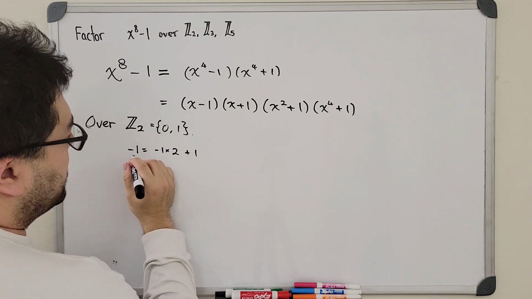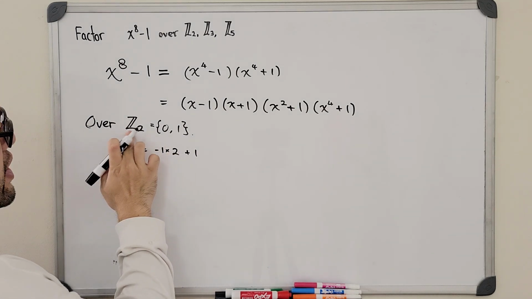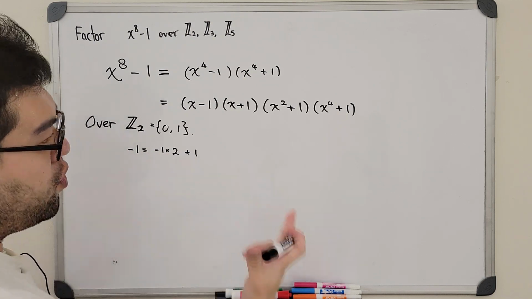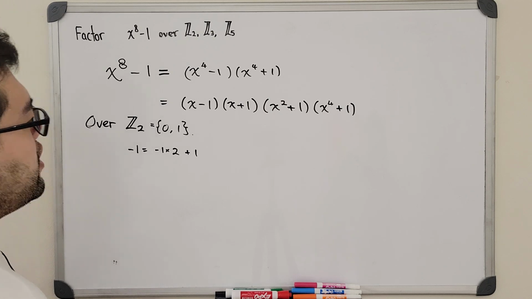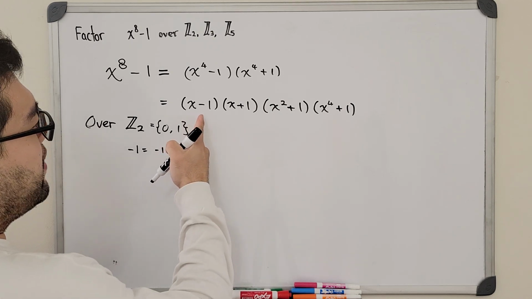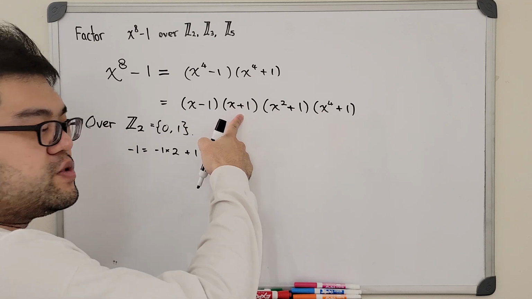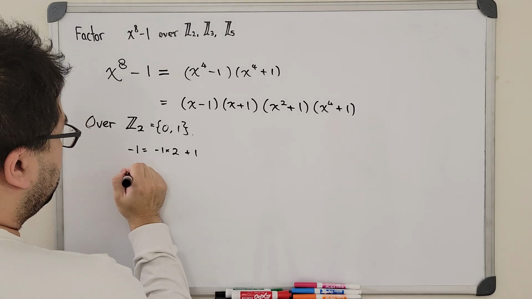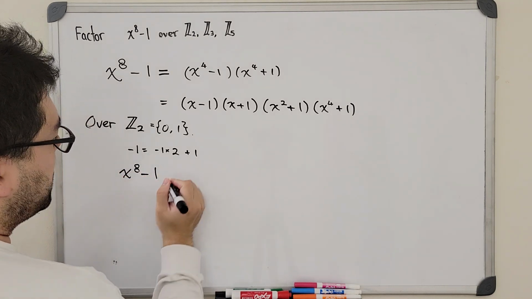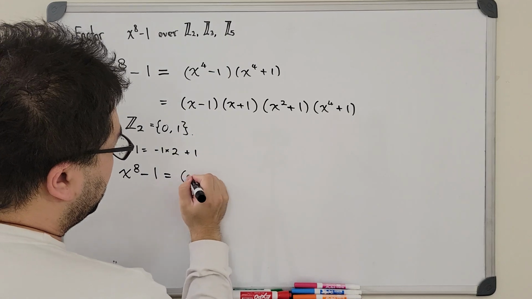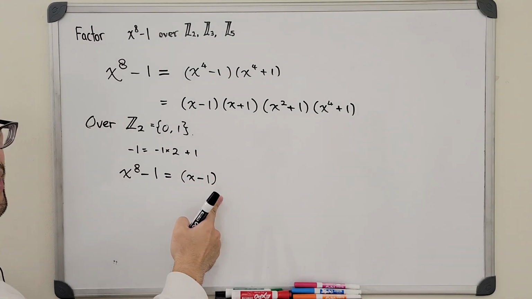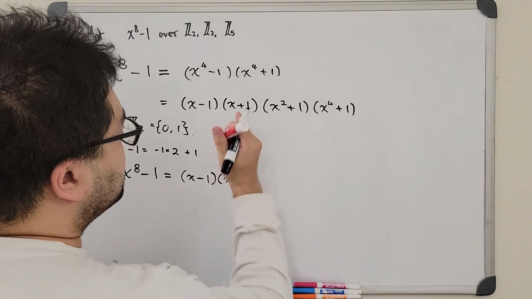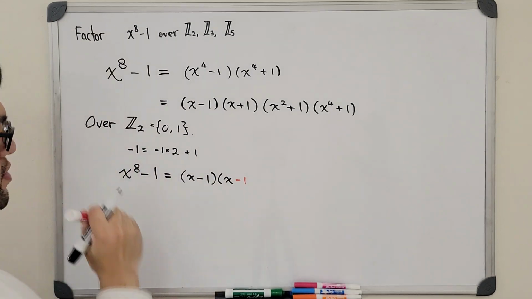Meaning, as an element in Z2, negative 1 is the same as positive 1, or equivalent in mod 2. Therefore, we can replace all the plus 1 with minus 1. So x to the 8th power minus 1 equals x minus 1 times x, where we replace the plus 1 by minus 1 based on the result we found.